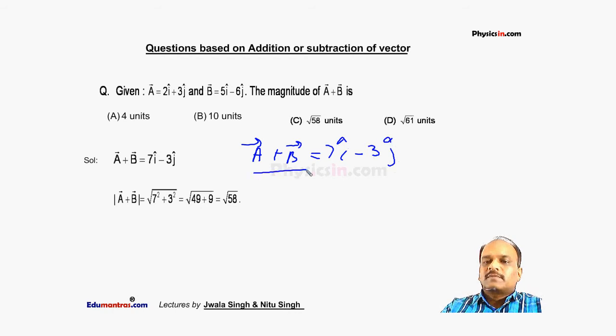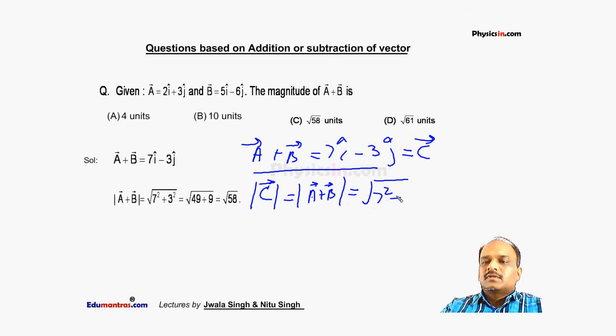This is vector A plus B, and let it be vector C. So mod of C is mod of A plus B, which is equal to root over 7 square plus 3 square, which is equal to root over 58. So this one is the right answer.